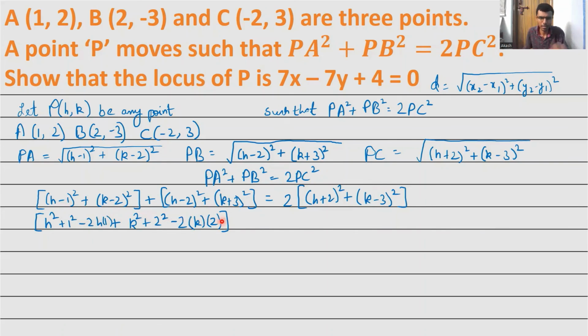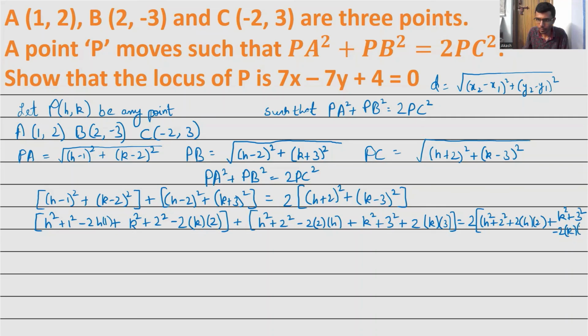You can just directly write the answer also, that's totally fine, but if you write like this, your chances of making mistakes would be kind of low. h square plus 2 square minus 2 into h, plus k square plus 3 square plus 2 into k into 3, is equal to 2 times h square plus 2 square plus 2 into h into 2 plus k square plus 3 square minus 2 into k into 3.